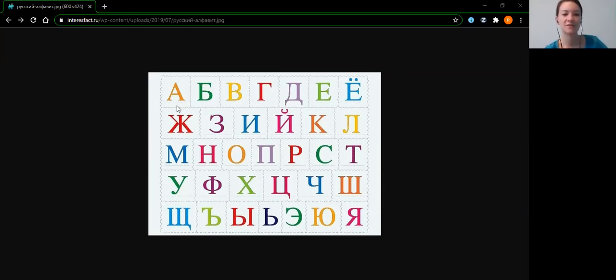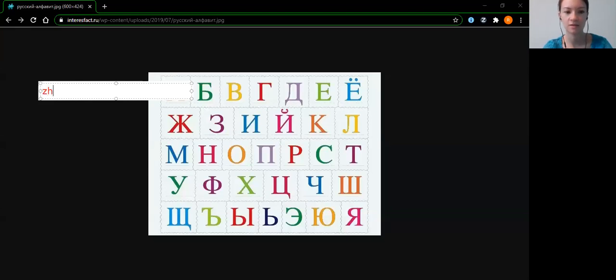Then we have this funny and very, very Russian letter. It looks like a star, actually, but we pronounce it like zh, zh, zh. In English, normally people write it like this, zh.